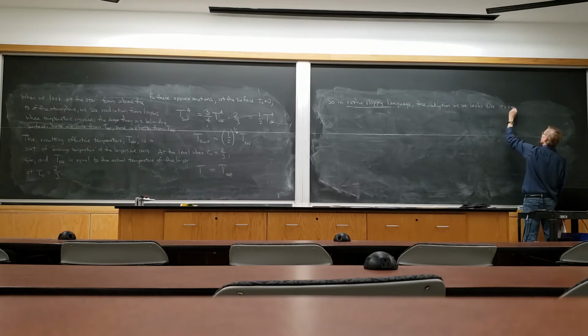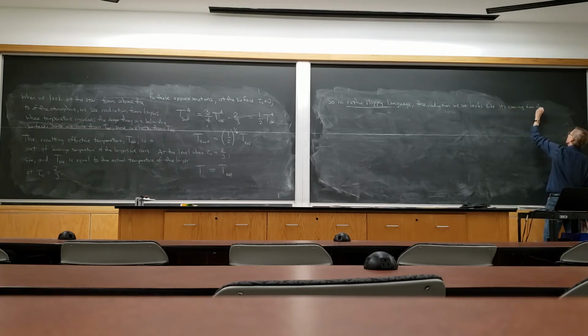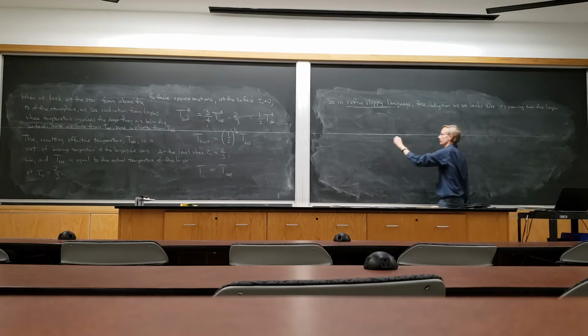Kind of say it looks like it's coming from the layer at tau v equals 2/3.